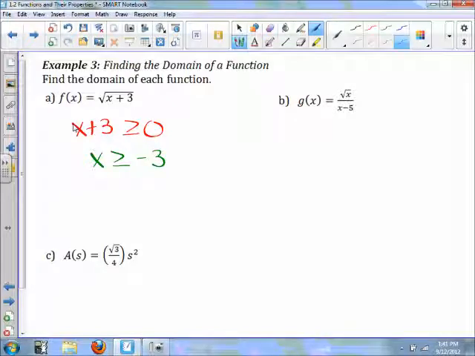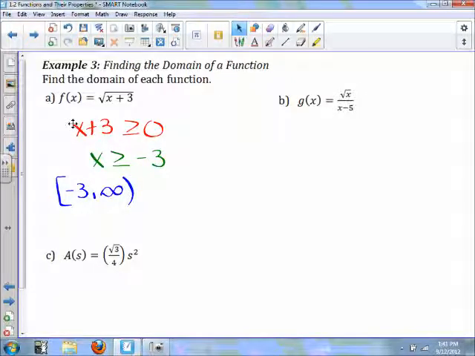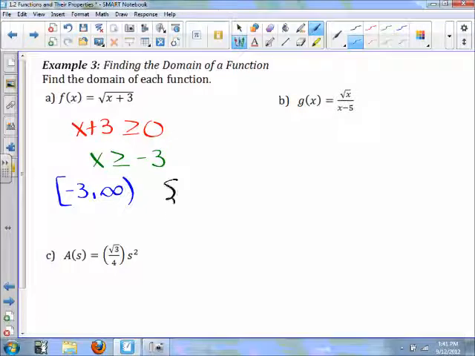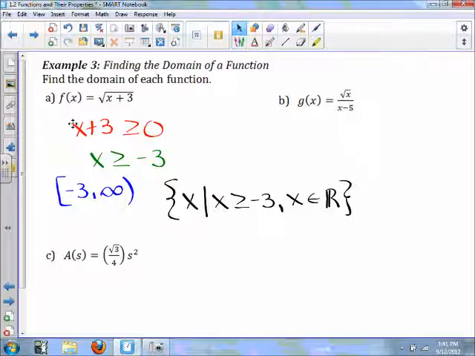Now, in interval notation, I can have this, which is what you should be familiar with, section 1.1. Now, for set builder notation, I'd write something like this. Do a curly bracket or a brace, x such that x is greater than or equal to negative 3 for all values of x in the set of real numbers.